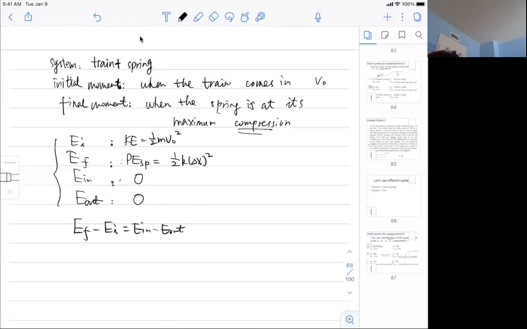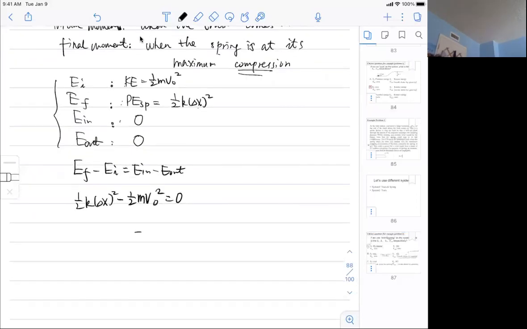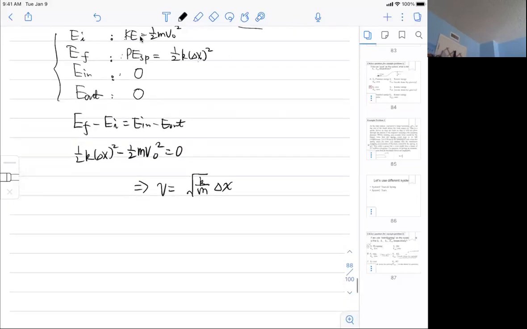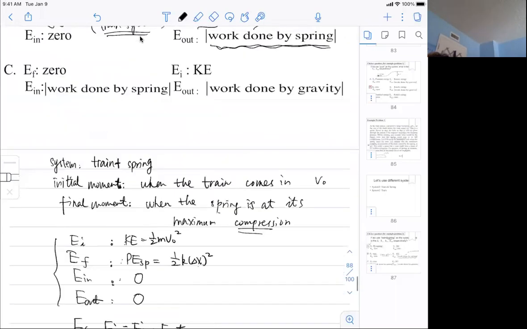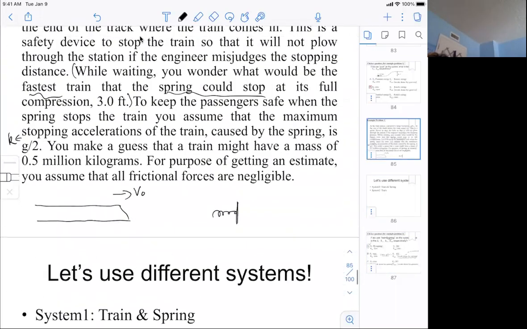by putting all these terms in there. The velocity is the square root of k over m times delta x. And we realize we don't have k, but there is one piece of information in there saying that to keep the passenger safe, the stopping acceleration is g over 2.